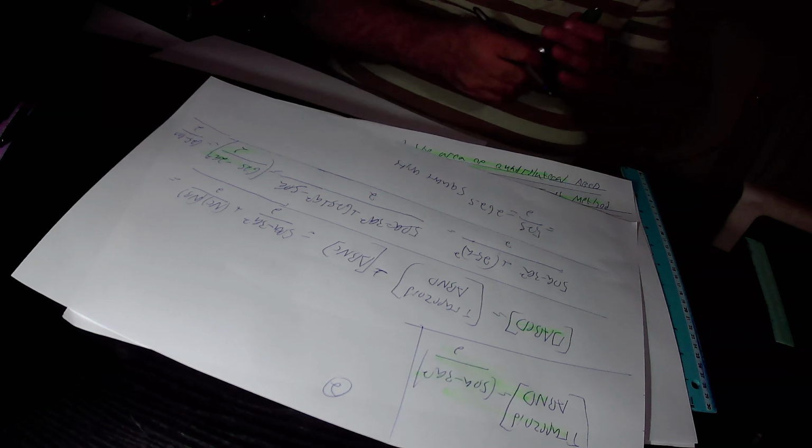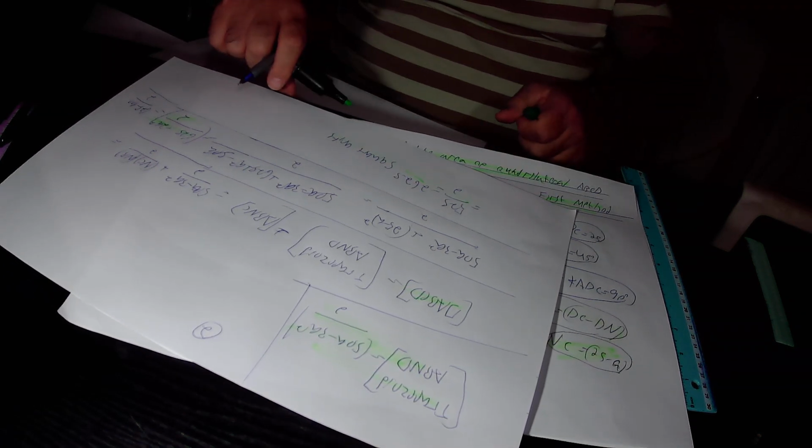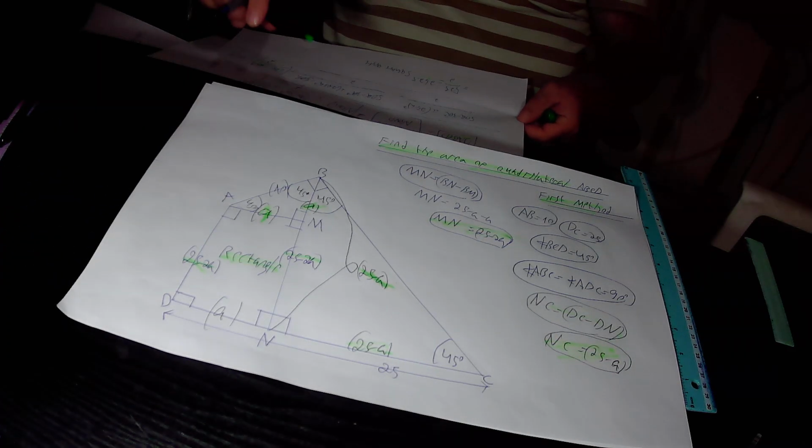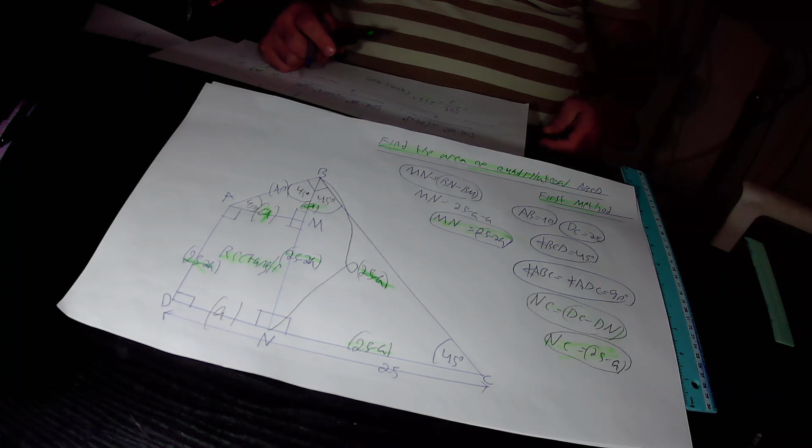So in total, the area that we are looking for in this question, that is the area of this quadrilateral ABCD, is equal to 262.5 square units.